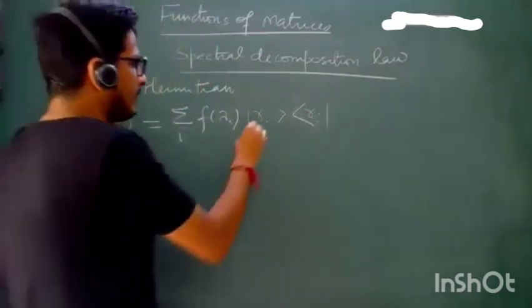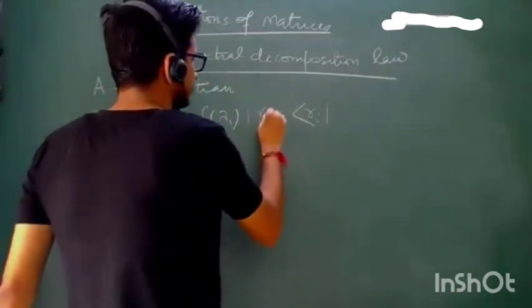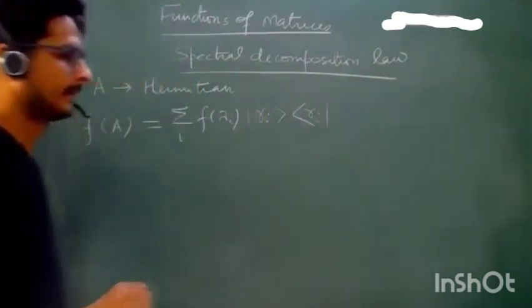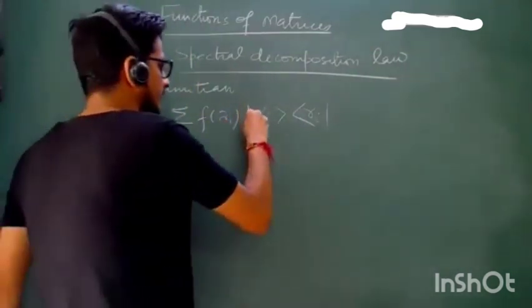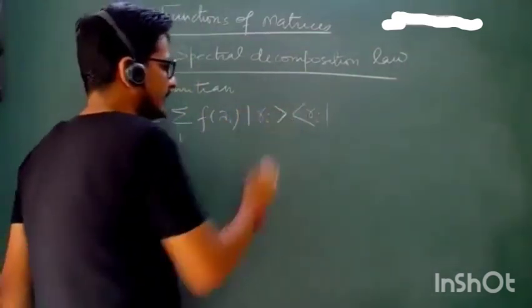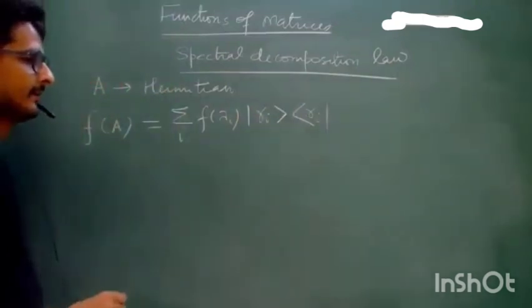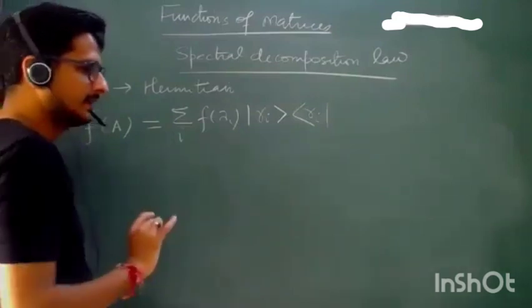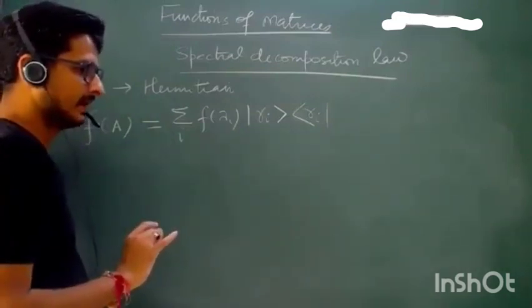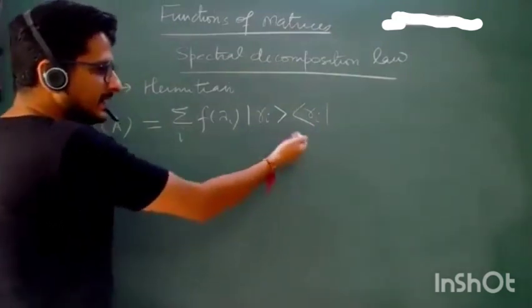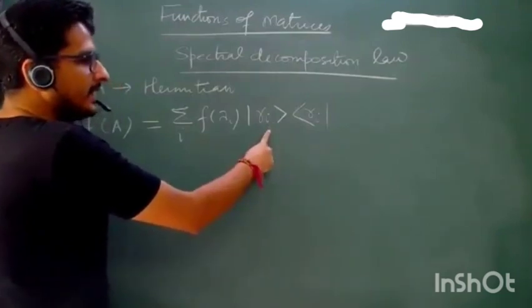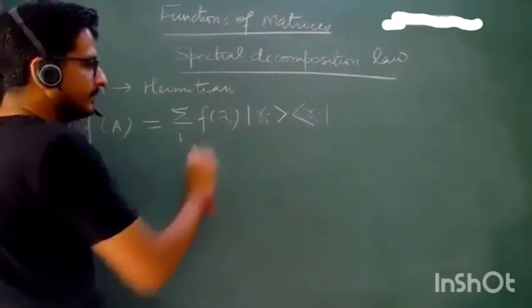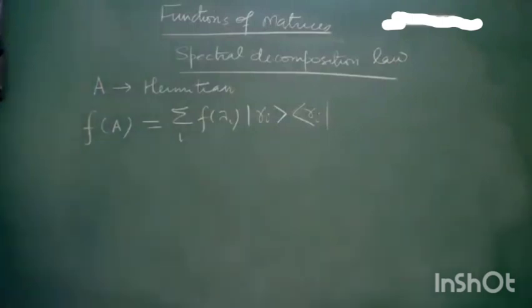Yes, sir. The inner product symbols of quantum mechanics, bra and ket. You understand this now? This is just multiplication. Here row and column will be changed. Okay. Now please see this.